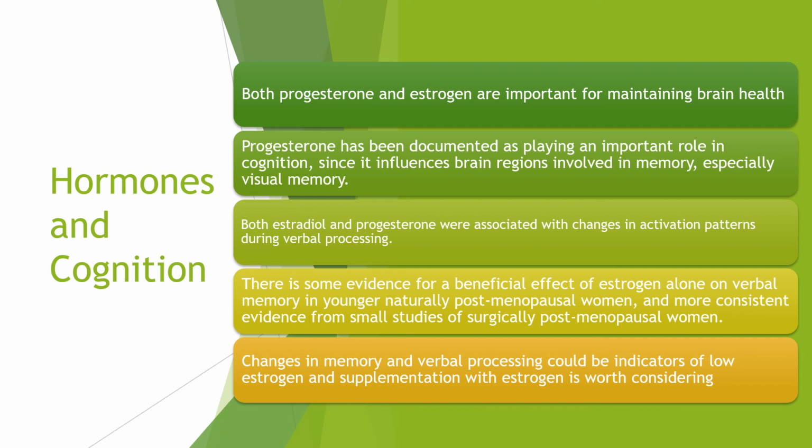But here's a quick summary. Both progesterone and estrogen are important for maintaining brain health. Progesterone has been documented as playing an important role in cognition since it influences brain regions involved in memory, especially visual memory. Both estradiol and progesterone are associated with changes in activation patterns during verbal processing.